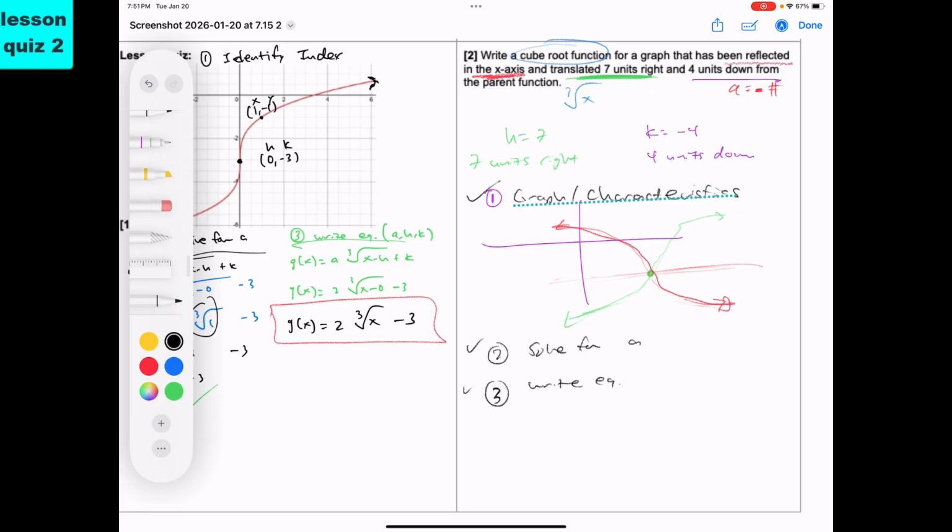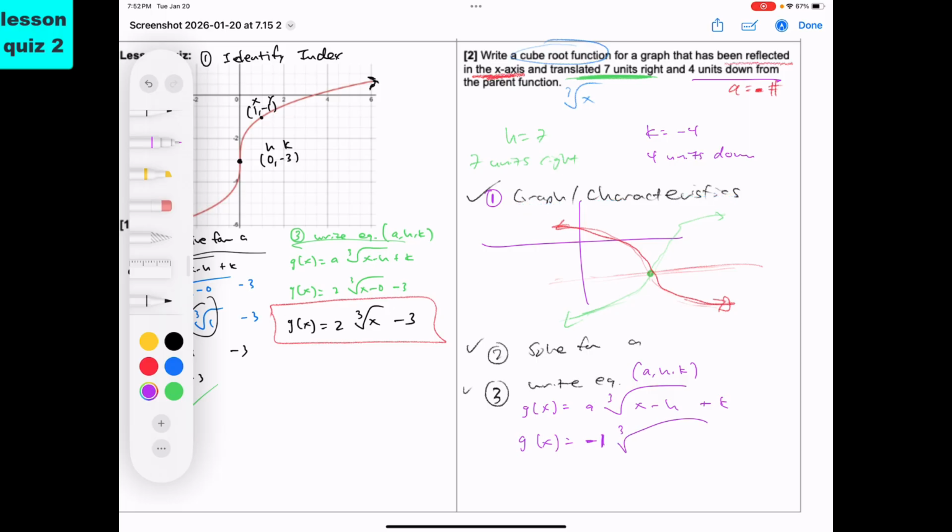Okay, let's write the equation now. So I know it's a cube root. Okay, so g of x, I'm just going to use our a, h, k. So that's like step 3, then we're done. Okay, so let's just assume that it's a negative number.